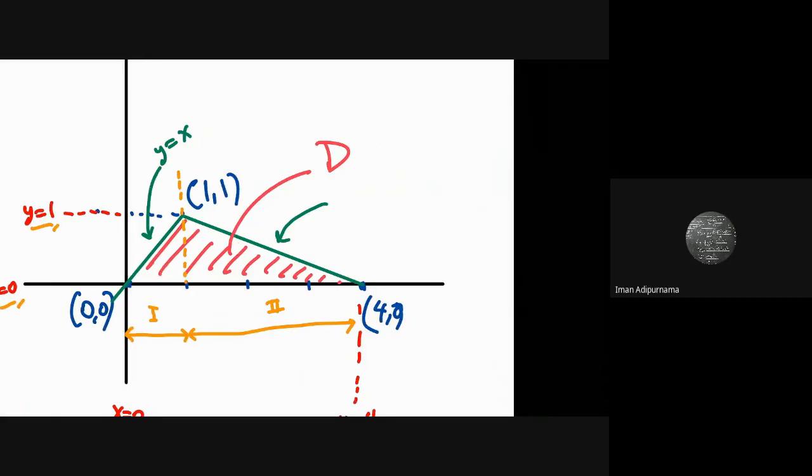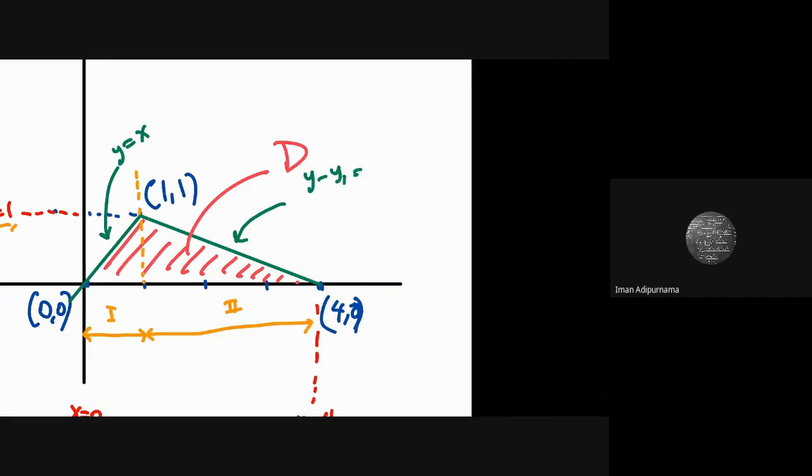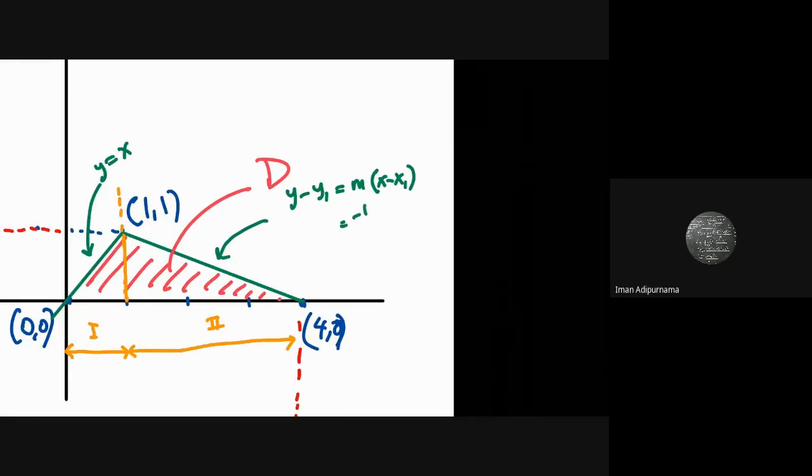We need to make some line equations. The gradient is 1 over 3, but because it's going down, it will be minus. Taking y1 as 0, let's take this 4 and 0 here, and this will be x minus 4.